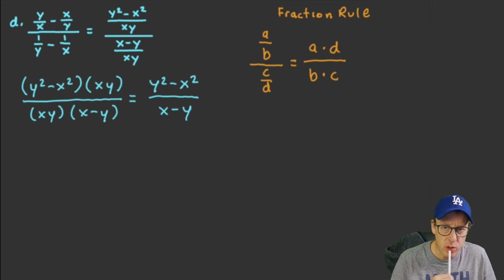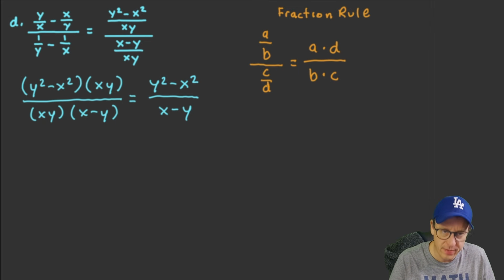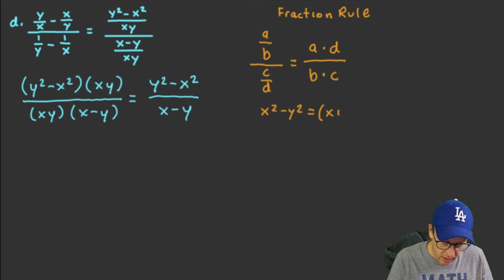I want to utilize something called the difference of two squares rule, and I'm not going to write out difference of two squares, I'm just going to write out the rule itself. So it says if we have x squared minus y squared, this is equivalent to x plus y and x minus y.